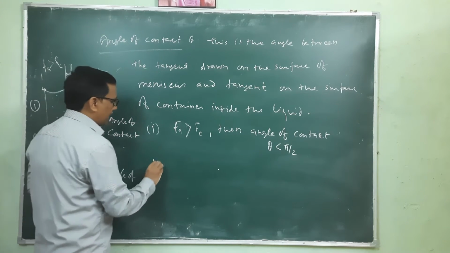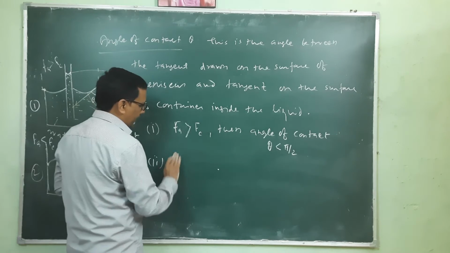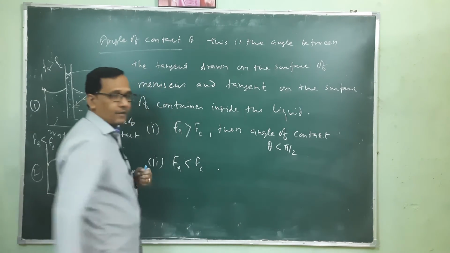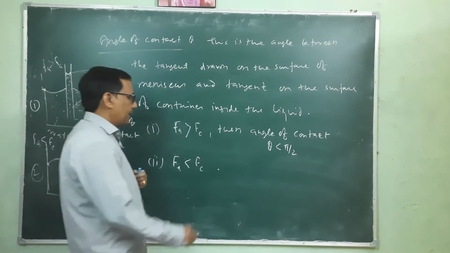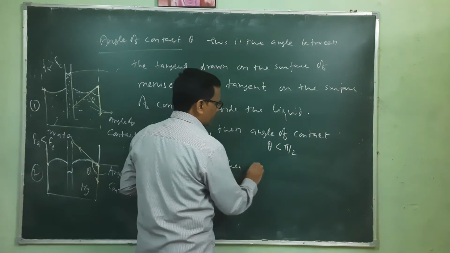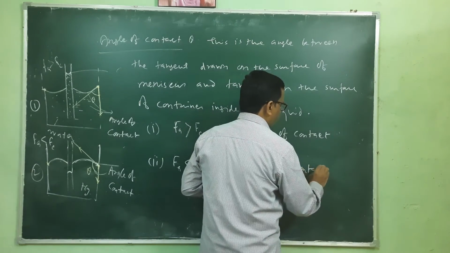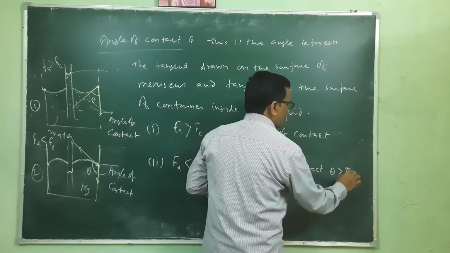And when FA is less than FC, meaning mercury inside the container, the angle of contact theta is greater than pi by 2.